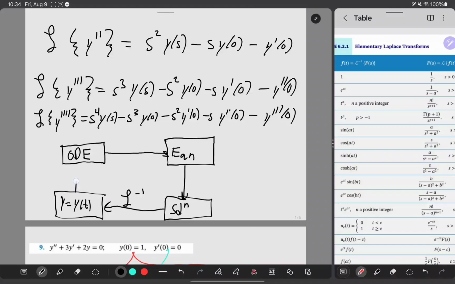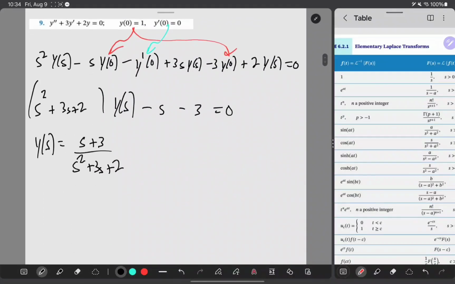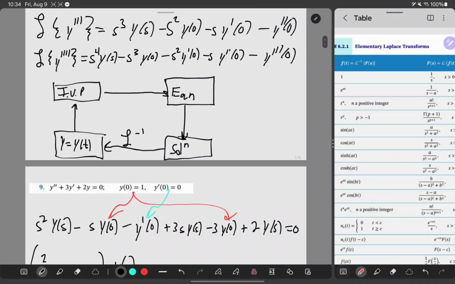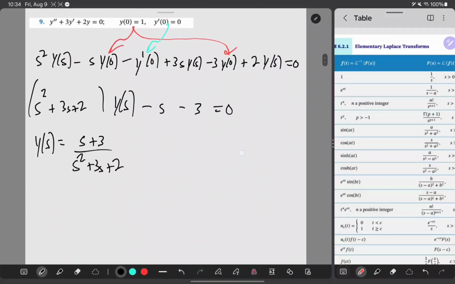And we then go back to our I.V.P, right? So this is our I.V.P. We take the Laplace, and then we get this equation here.